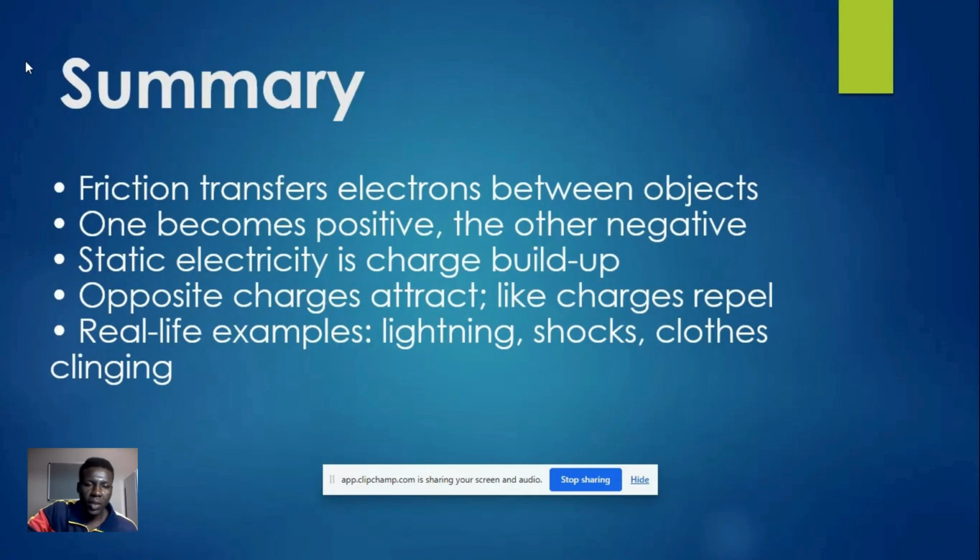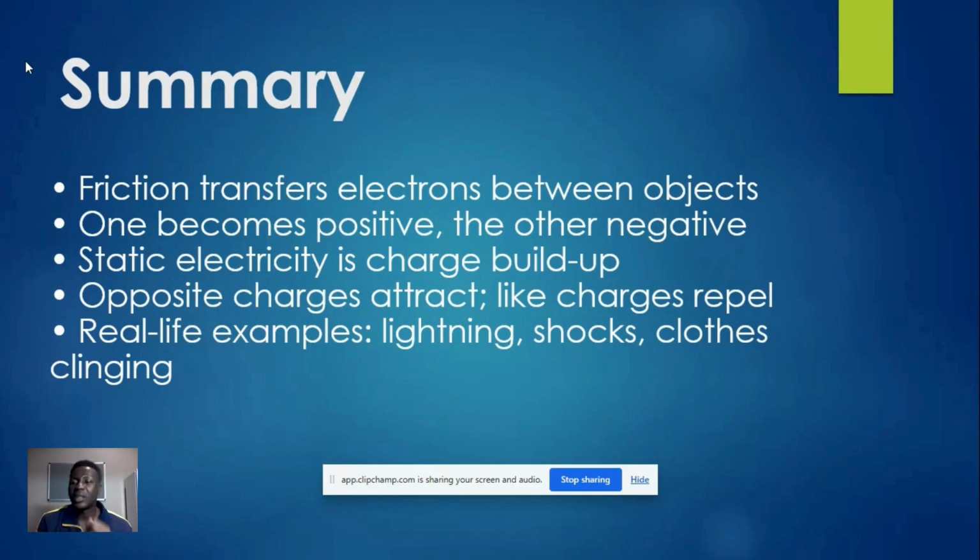Okay. Then for a quick recap of the lesson, we said friction transfers electrons between objects, and friction is when you rub two objects together, then the electrons will move from one object to the other. The object that gains the electrons becomes negatively charged, and the one that loses the electrons becomes positively charged.